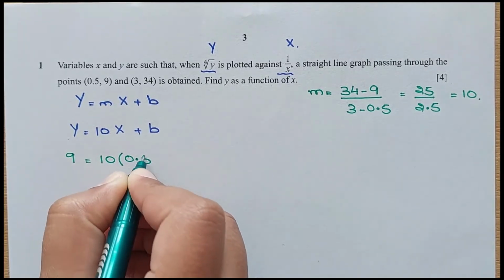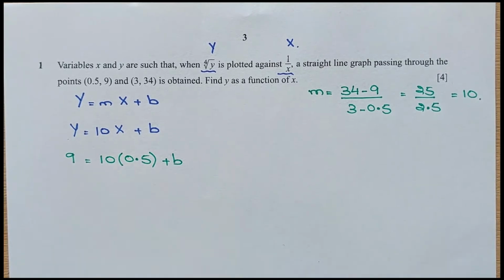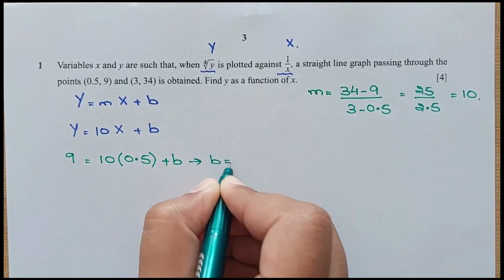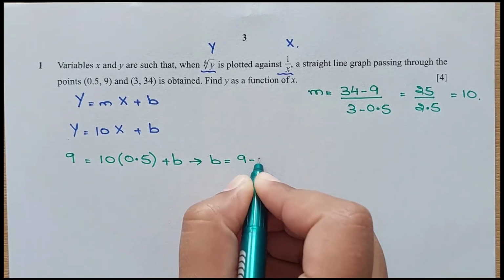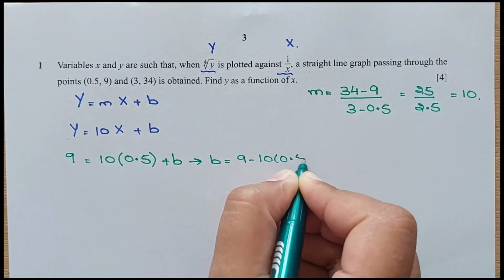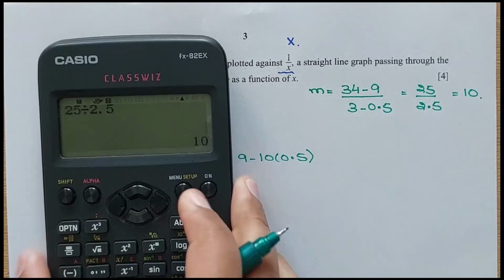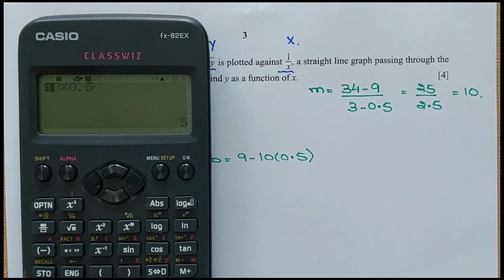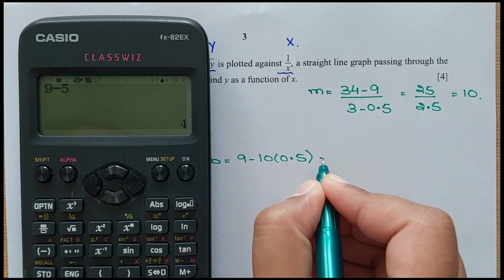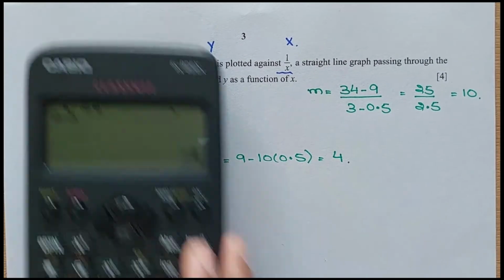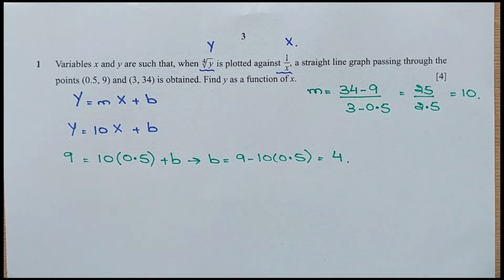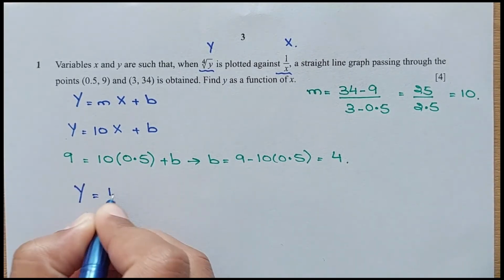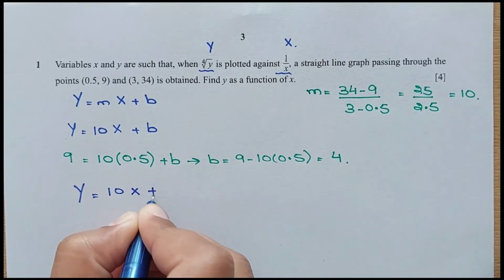The b value from here: b equals 9 minus 10 times 0.5. 10 times 0.5 is 5, and 9 subtract 5 is 4. So b is 4, the y-intercept is 4. So we have the equation now: y equals 10x plus 4.